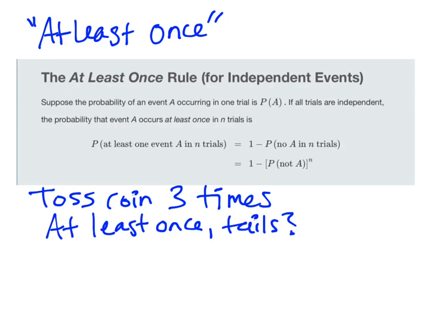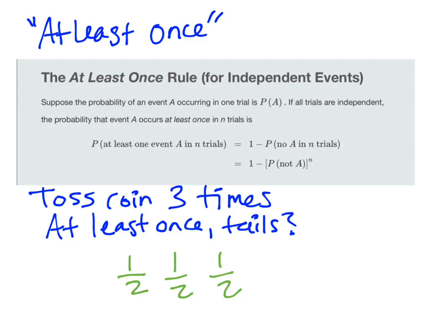If we're not getting tails at all, even once, that would mean it's always heads. The first time we toss the coin, the probability of getting heads is 1/2, and the probability of getting heads on the second toss is also 1/2, and it's the same the third time.